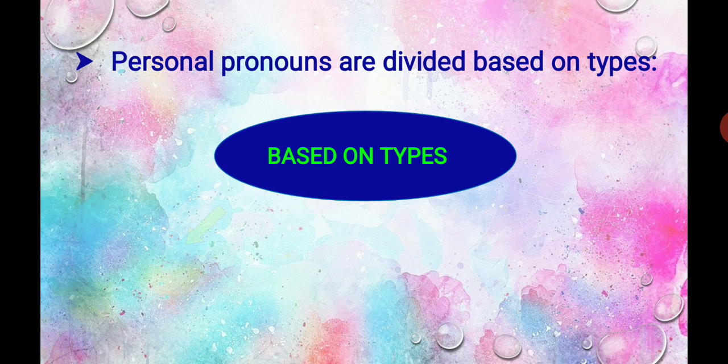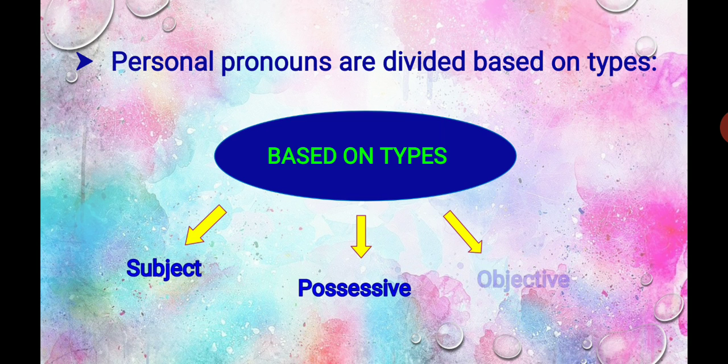Based on type means subject, possessive means possession, and objective means object. So personal pronouns based on types means the different conditions where we use these personal pronouns as a subject, as a possessive form, or as an object.